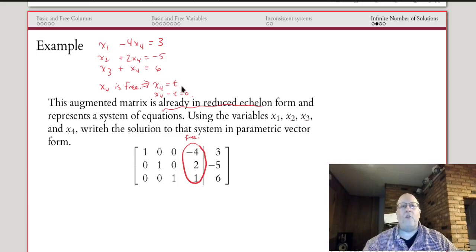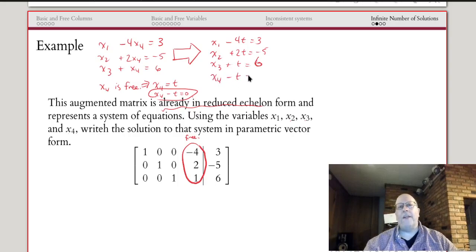And when I use this new variable, the t, the parameter, then these equations now become x1 minus 4t is equal to 3, x2 plus 2t is equal to negative 5, x3 plus t is equal to 6, because all I'm doing is replacing x4 with t, but then I have this last equation that says x4 minus t is equal to 0. And now I have 4 equations instead of 3 equations, and I can solve for each of these 4 variables.